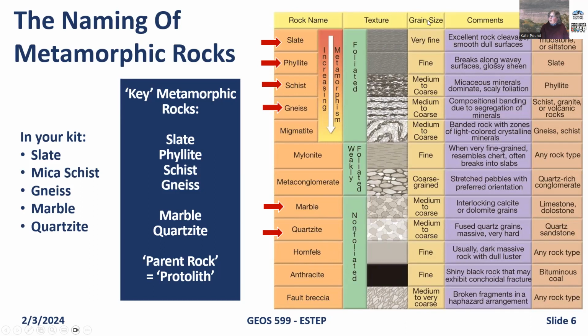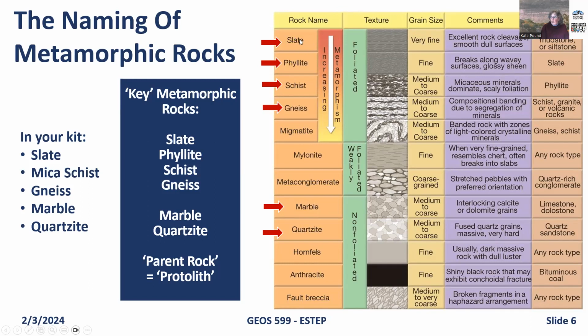Next column is the grain size. If something's weakly metamorphosed, it probably won't have its grain size changed that much. A slate is made from shale, mudstone, or siltstone. So it's made from really fine minerals to start with.